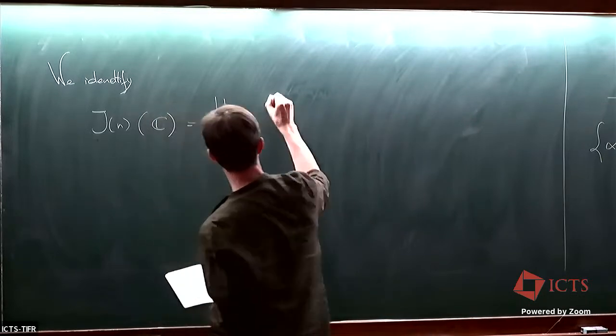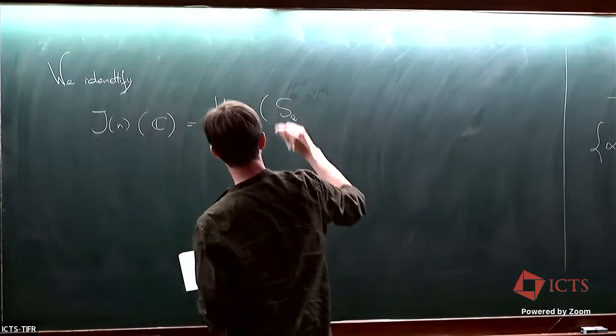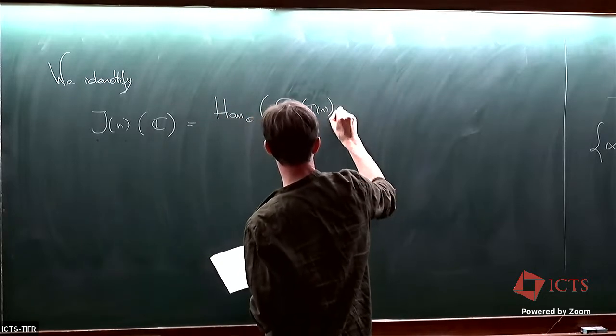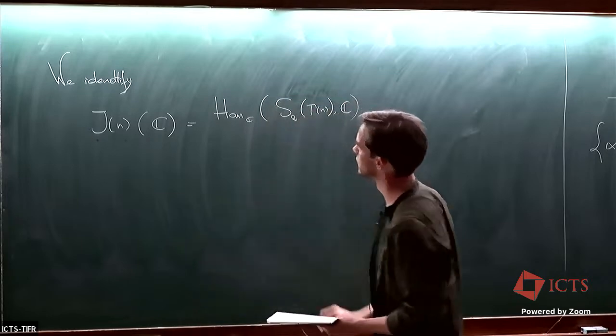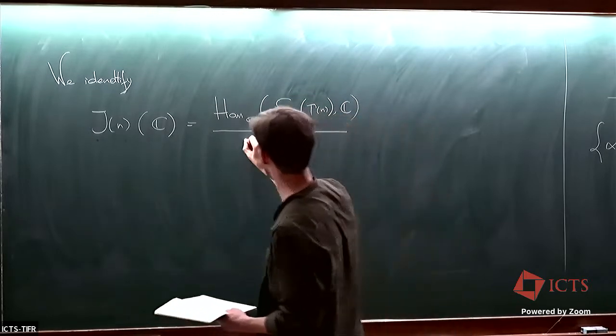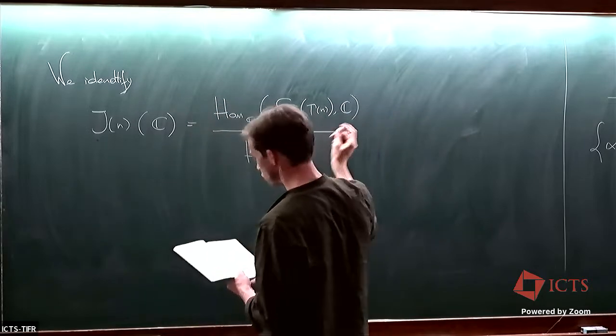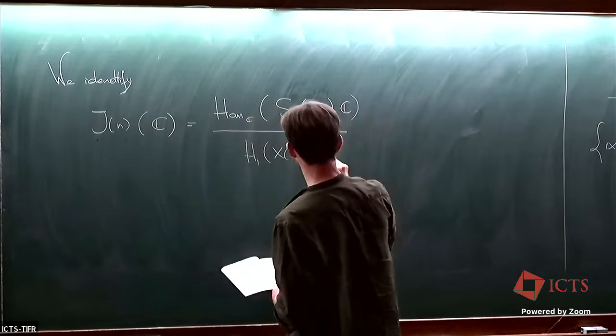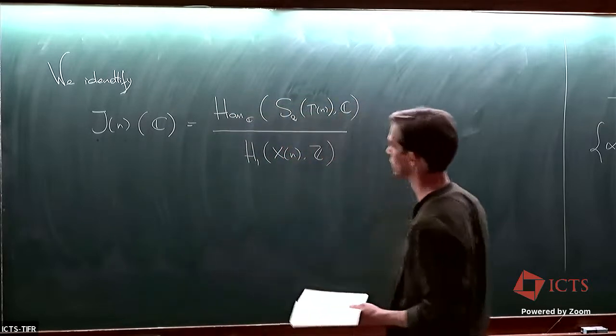I'll take the C-linear dual of the space of weight 2 cusp forms of level gamma of n with values in C. And I quotient out by the first homology group of the curve. So this is the description of the Jacobian, really as Jacobi was thinking about.